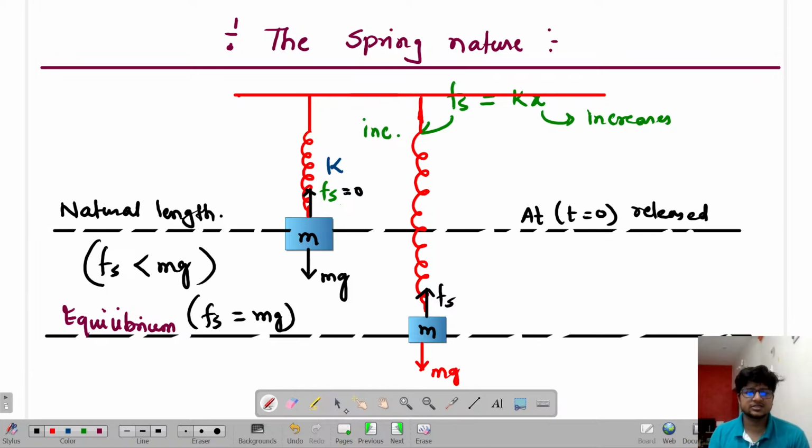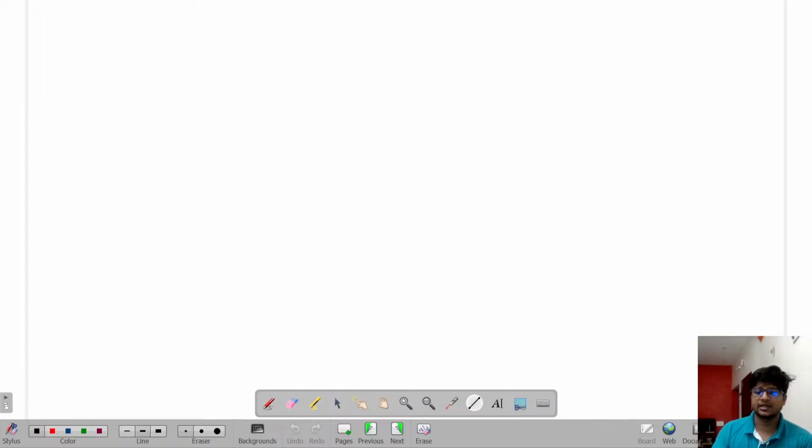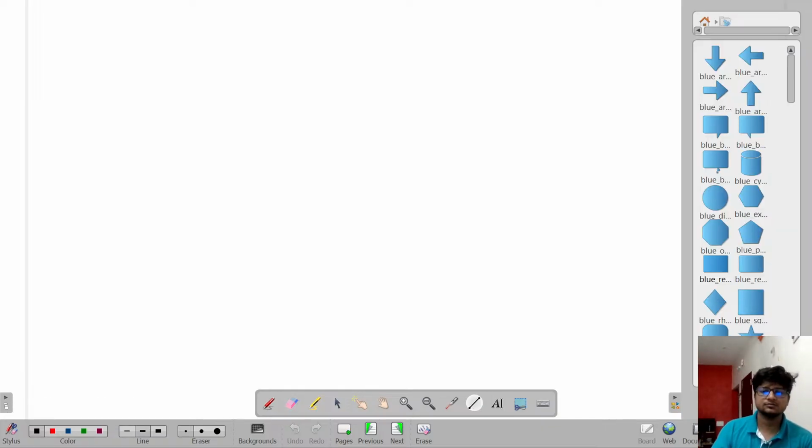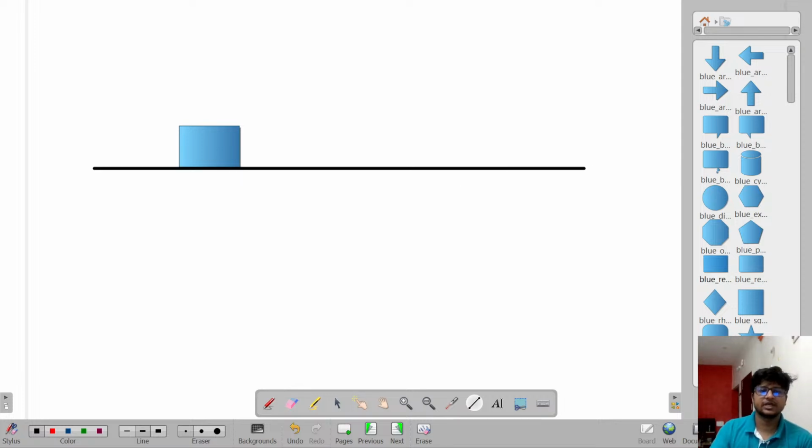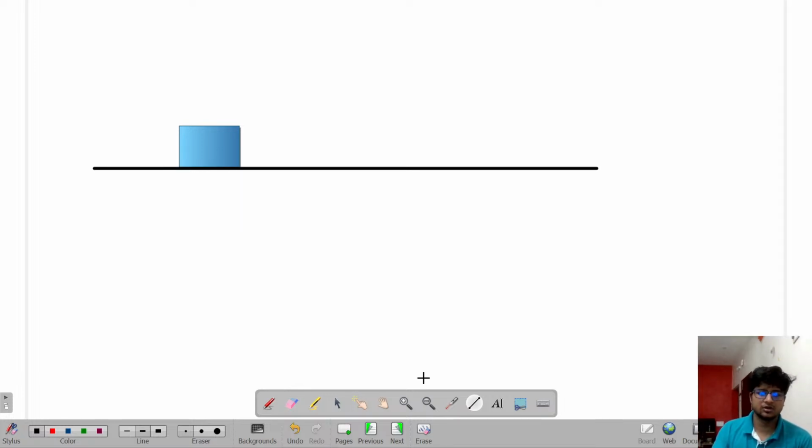Now what does this mean? Let me give a quick understanding. Let's suppose there is a block which is placed on a road, and there are three time frames I've drawn.